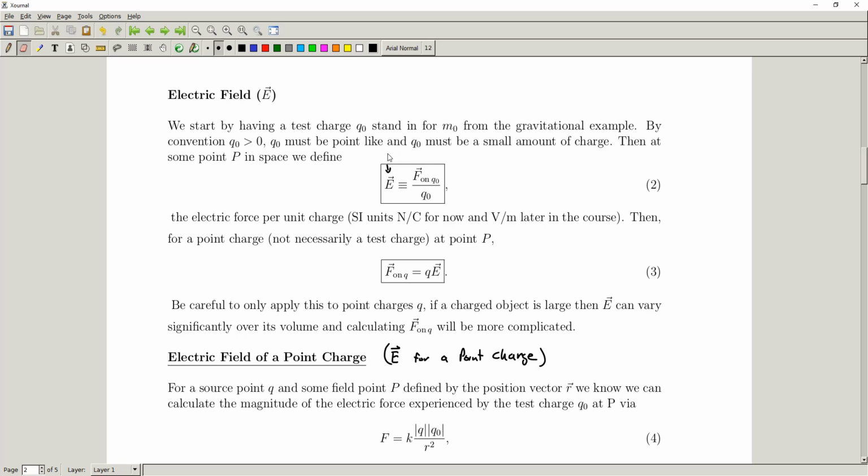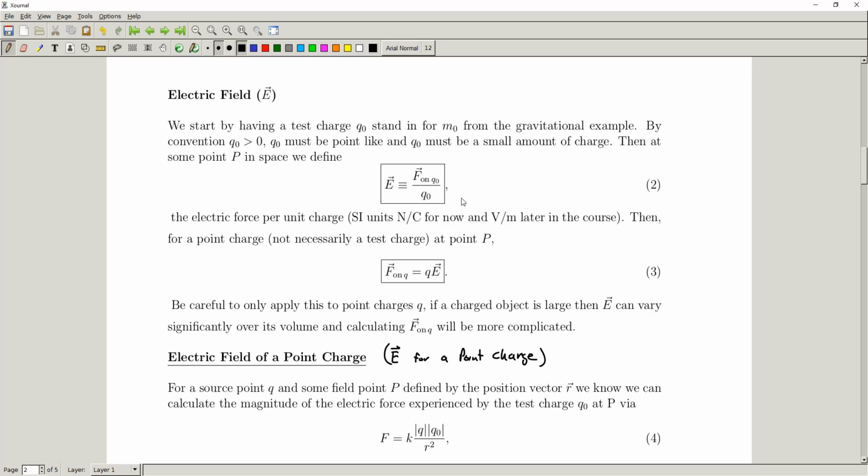This is now our electric field. This used to be the force experienced by m naught, but now it's the force experienced by q naught due to the electric field. And this used to be our m naught. This is now our q naught. This is our test charge. Okay, this is the magnitude of the test charge.